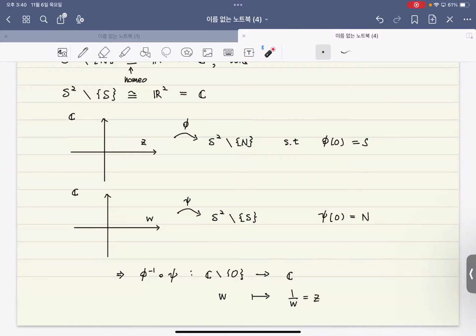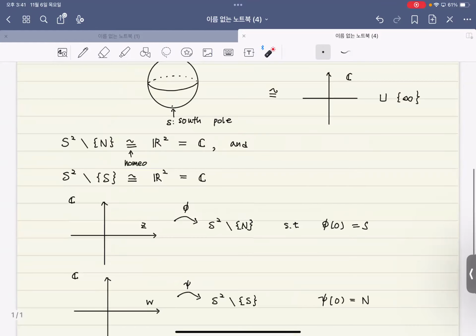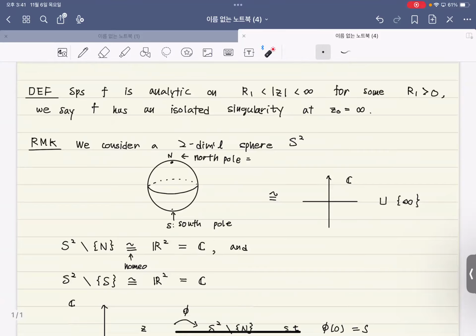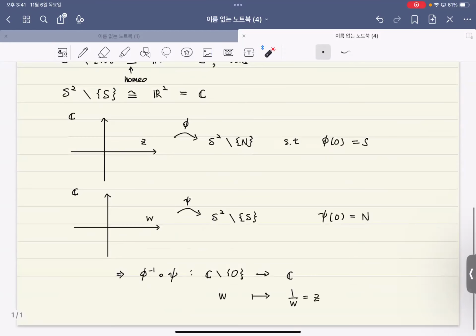Okay, so that means if my function f, which is defined in this space, is analytic on this domain, then from the perspective of this coordinate, my function is analytic, but not at the origin, but on the deleted neighborhood of the origin, whose outer radius is precisely 1 over R1, right?